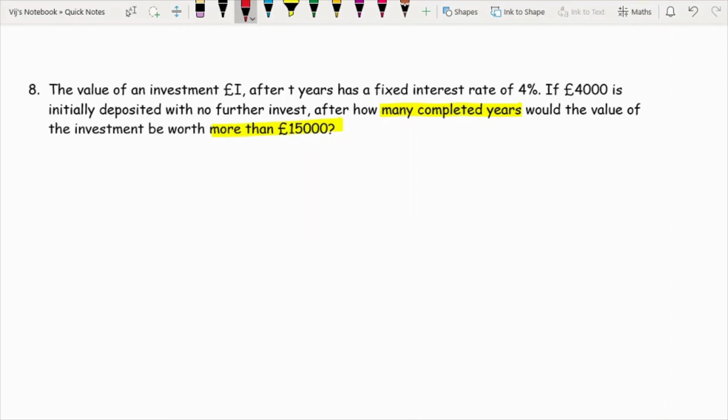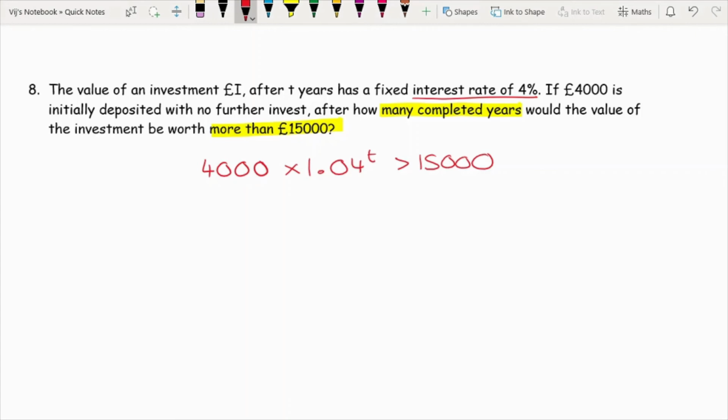The general formula for compound interest is the initial amount, which in this case is 4,000, times the decimal multiplier of the increase, so it's 1.04 to the power of how many years, and I want this to be more than 15,000. Writing the question in mathematical notation, it would look like this, and you probably get 1 mark for writing this step.